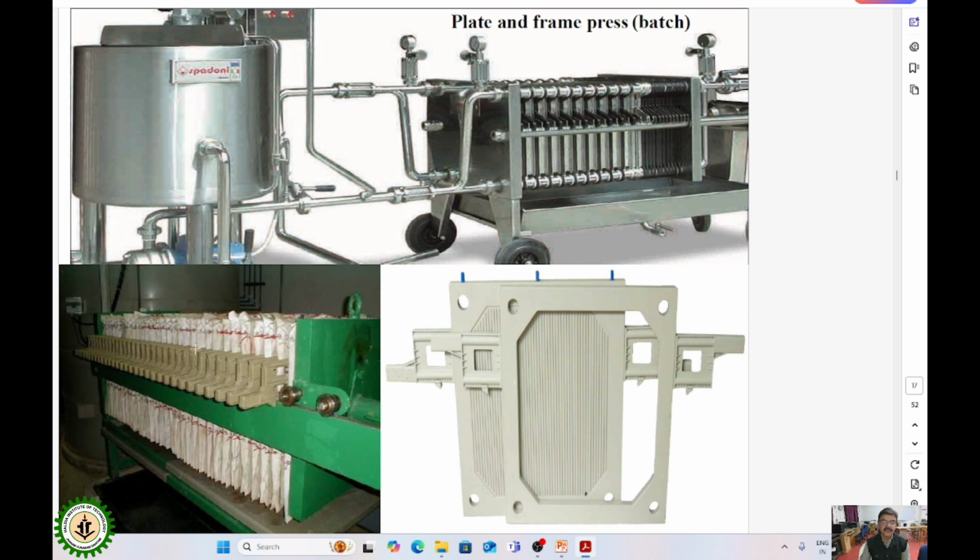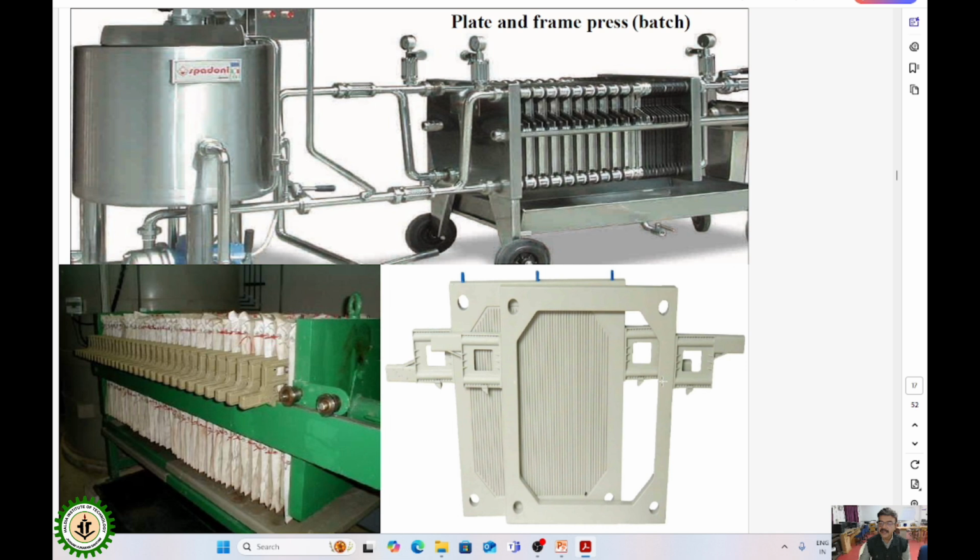In this way it is arranged, and these are closely packed with very high pressure, so that during the journey of the slurry through it, there should not be any leakage in between. The slurry is fed under high pressure and travels through this corner of plate and frame.